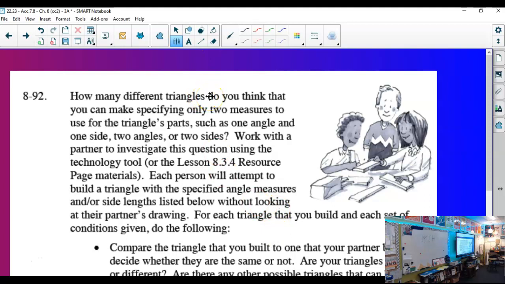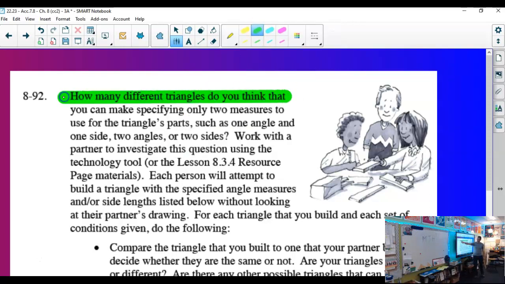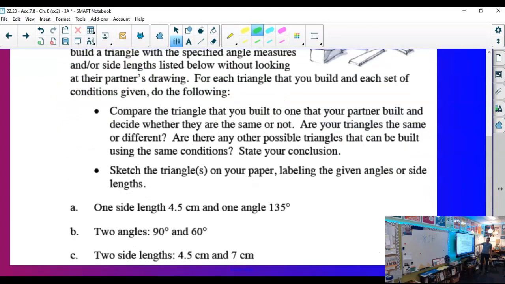How many different triangles? Initially, the two of you might make two different triangles. What we're trying to answer is how many different triangles we could make with these rules. For triangle A, how many different triangles could you make that had one length of 4.5 and one angle of 135?